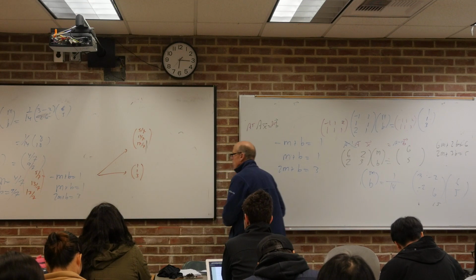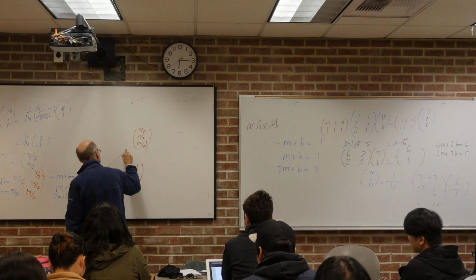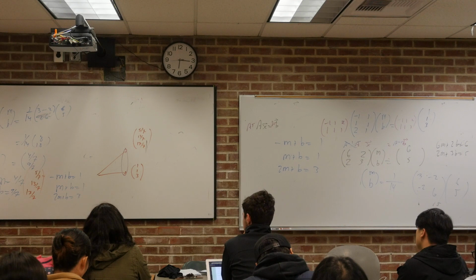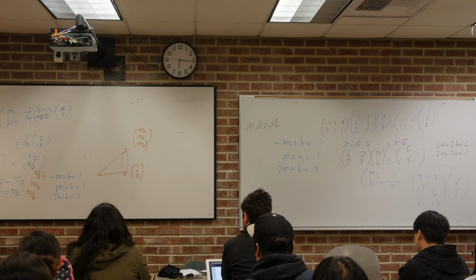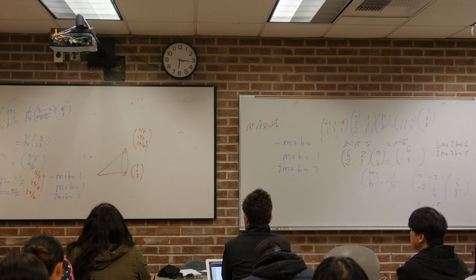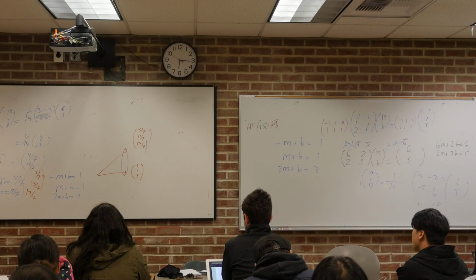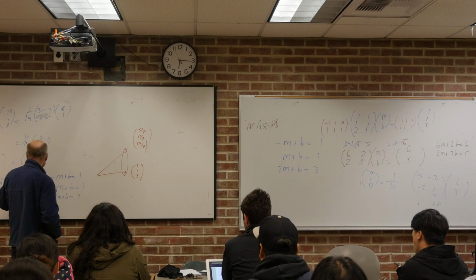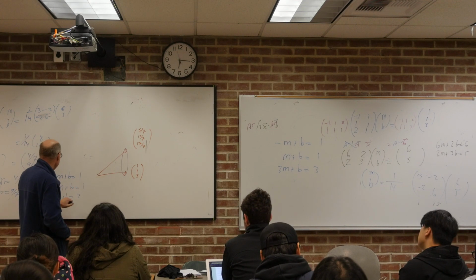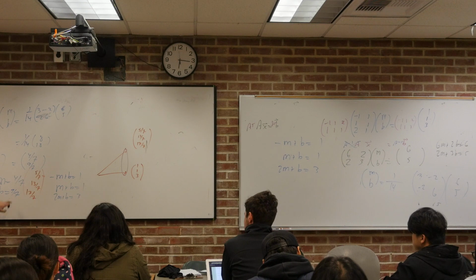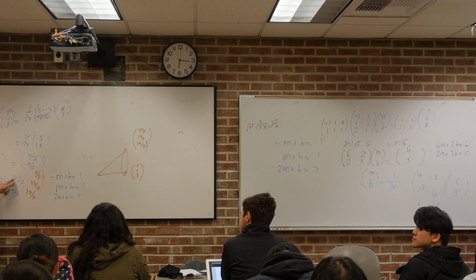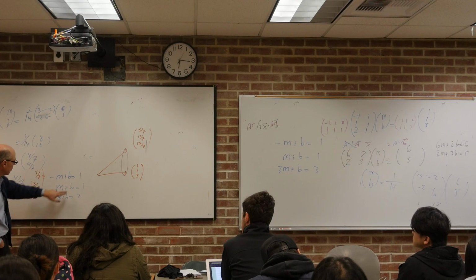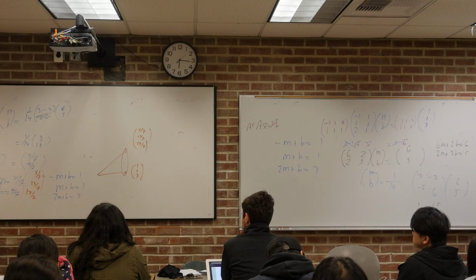And the way we're measuring how good a solution is the distance between those two. So there's no other numbers that you could plug into this to make these numbers closer to 1, 1, 3 than 4 over 7, 9 over 7. This is the best you can do to get these components close to those.